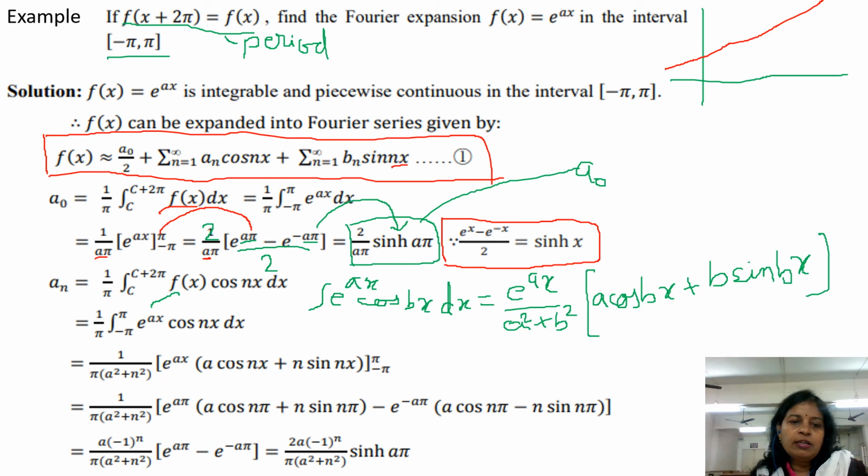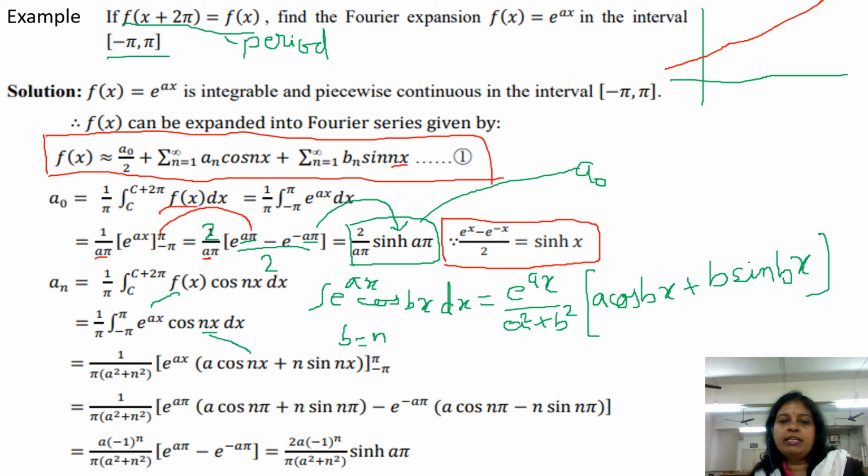Here a is a only, but b is n. We have b is equal to n. So in this formula you put simply b is equal to n, and you will get 1 upon pi, a square plus, instead of b square you will have n square, e to the power of ax, a cos nx. This theta will not change in the formula.